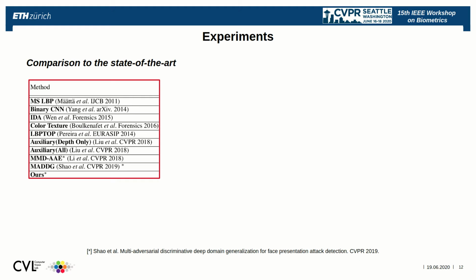Now we compare our proposed method against state-of-the-art face anti-spoofing methods. The methods denoted with asterisk symbols explicitly address domain shift in face anti-spoofing following a domain generalization setup, whereas other approaches don't explicitly address the domain shift problem in face anti-spoofing.